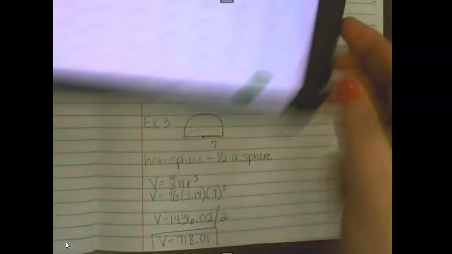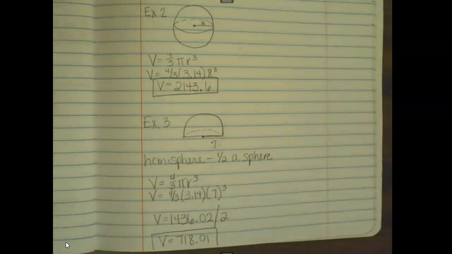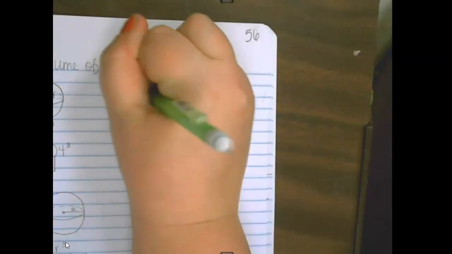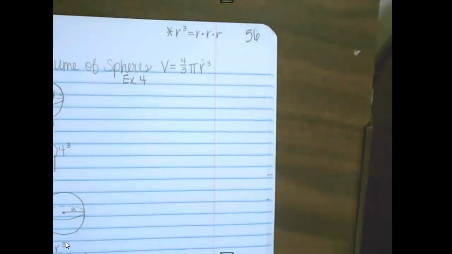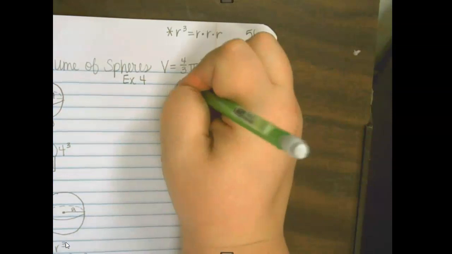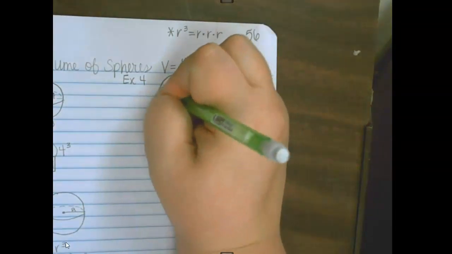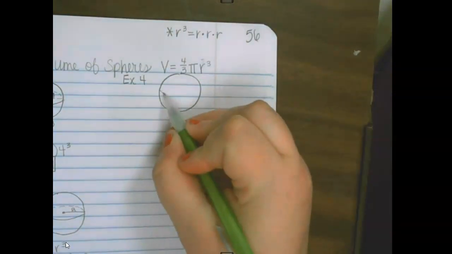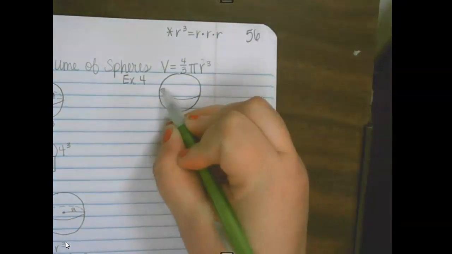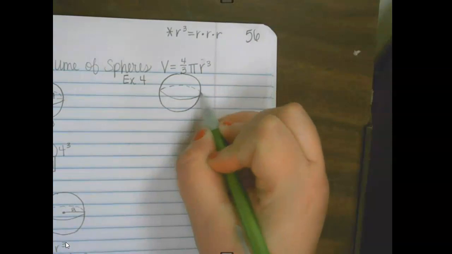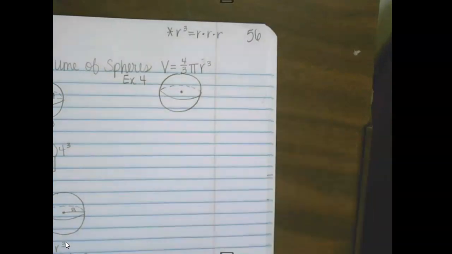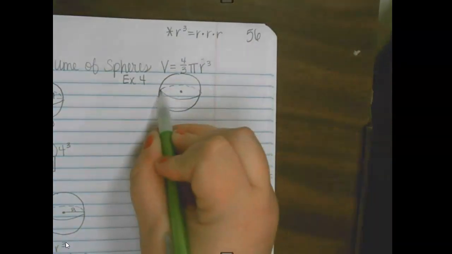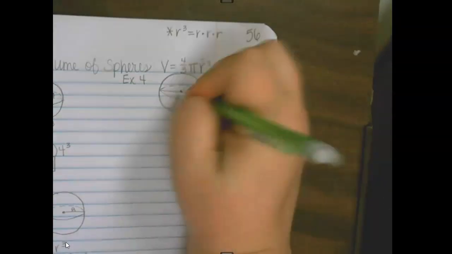So we're going to scroll back up to the top of the page, and we're going to look at example 4. We're going to draw a circle. We're going to do a dotted swoosh, and a dot. But this time our line's going to go all the way across.